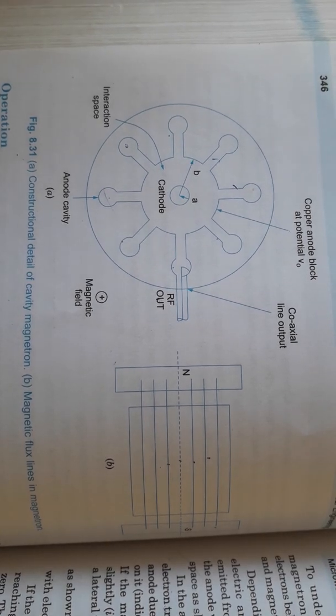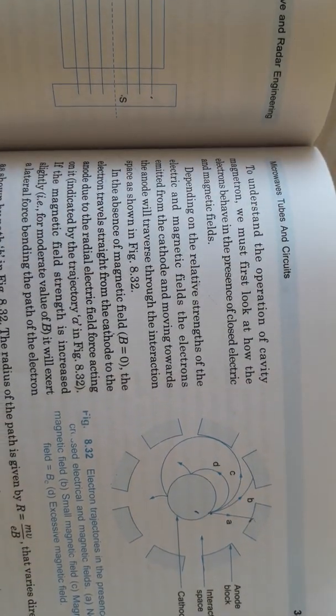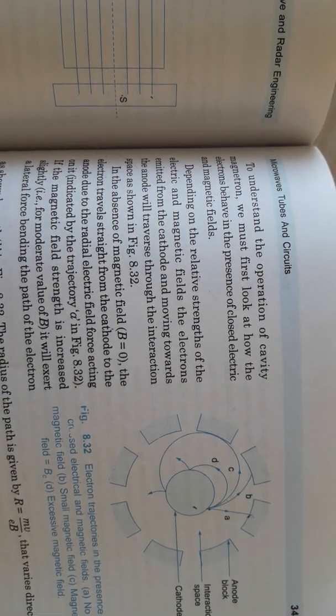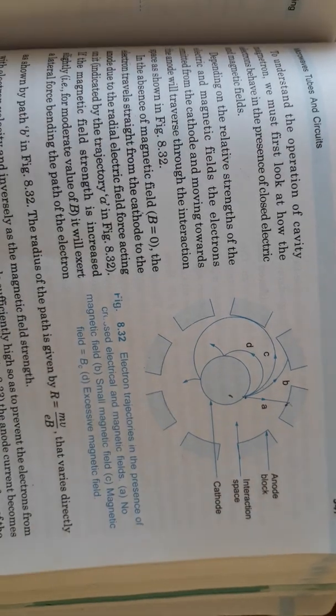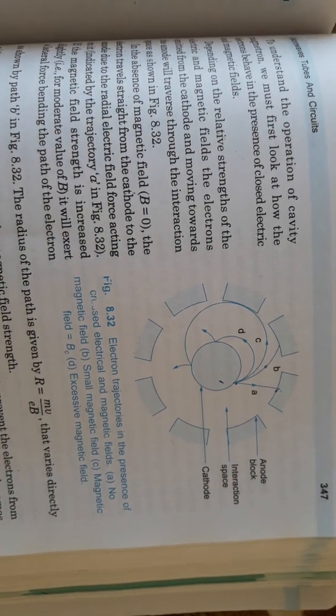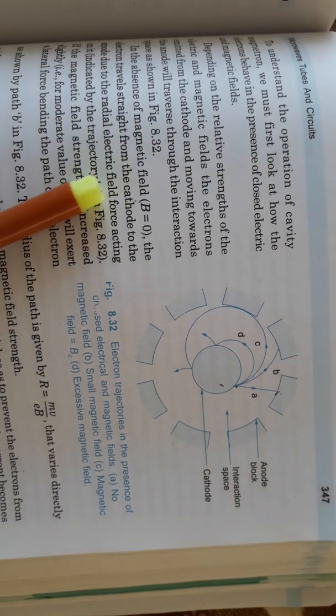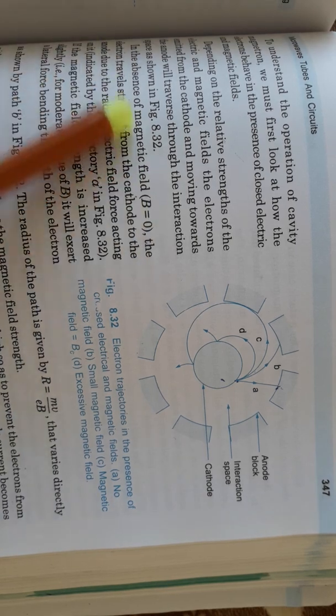Now to understand the operation of the magnetron tube, we have to observe this particular diagram. First of all, let us have a look at this diagram. Depending on the relative strengths of the electric and magnetic field, the electron emitted from the cathode and moving towards the anode will traverse through the interaction space.